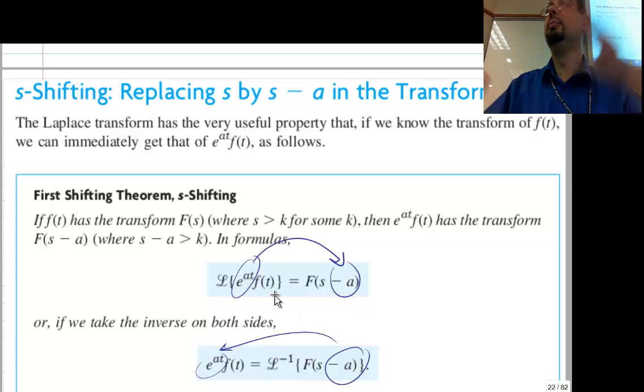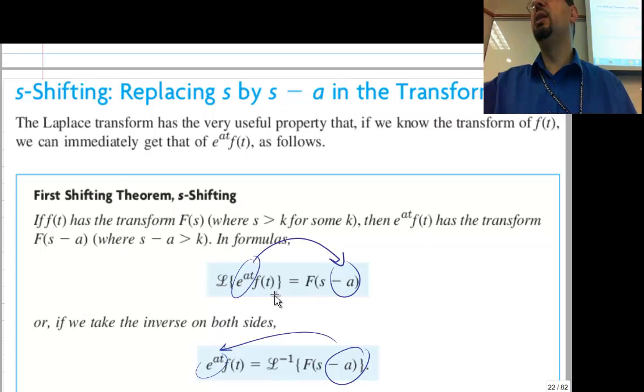You have f of t, sine t. What is the Laplace if it's sine t? It was s over s squared plus 1, right? Then you go after every s and you turn the s into s minus a. Every s becomes s minus a.